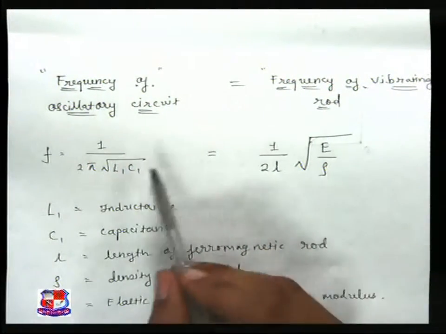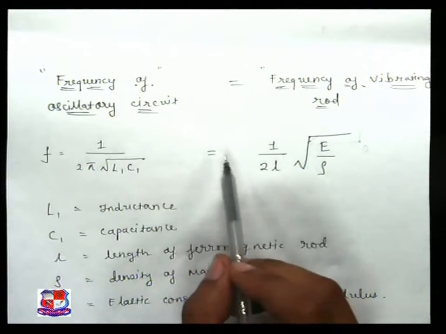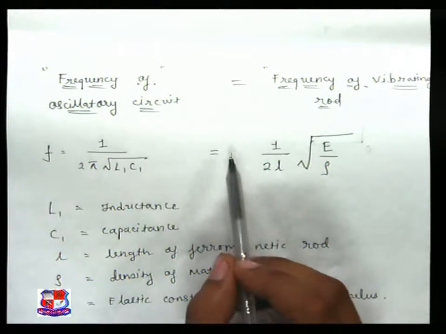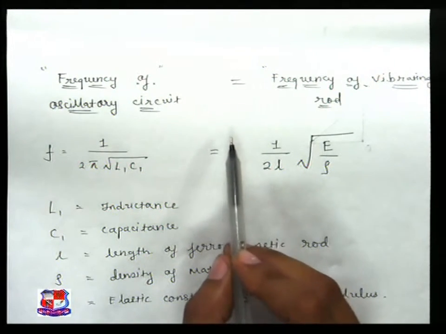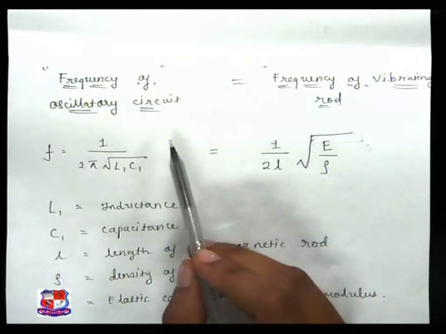When both equations are equal to each other, resonance is created and ultrasonic waves are generated at the end of the ferromagnetic rod.